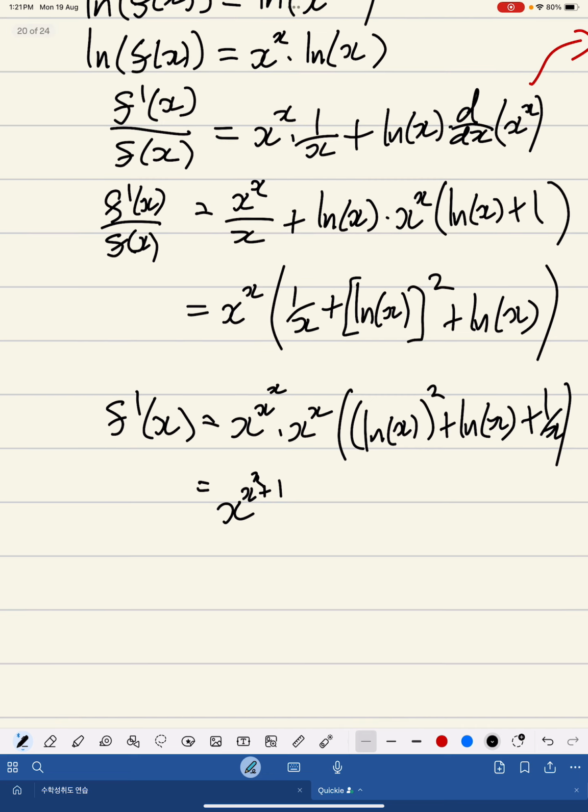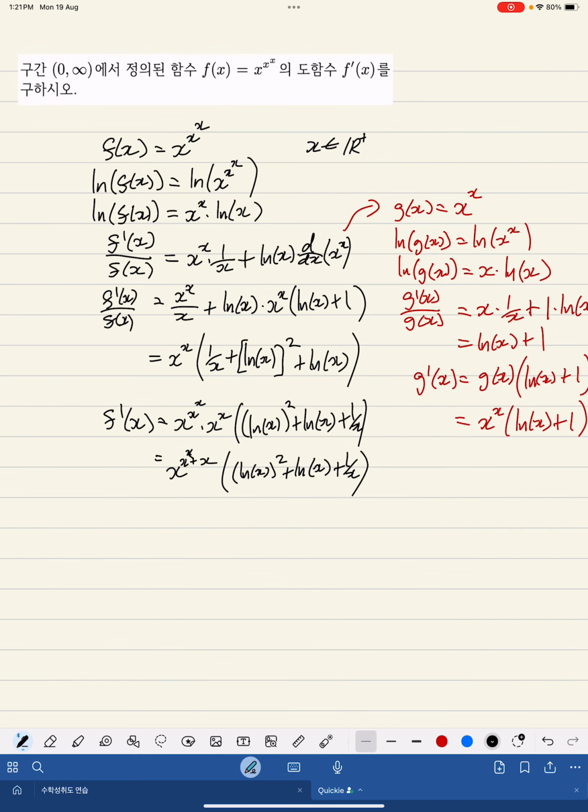Is it x to the x plus 1 times x? So that's x to the x plus x, right? Yeah. Multiplied by ln x squared plus ln of x plus 1 over x. And that is the derivative of x to the x to the x. Thank you very much.